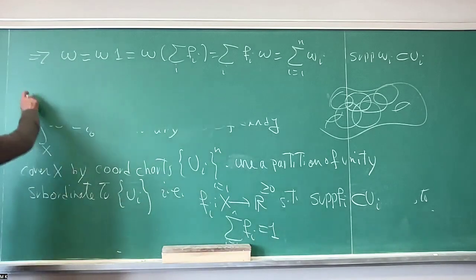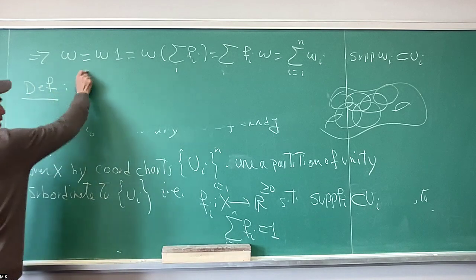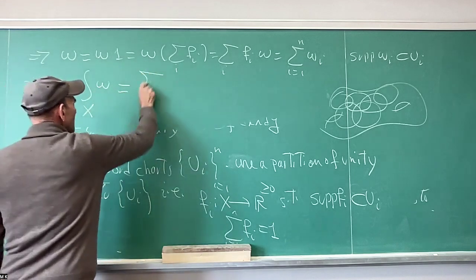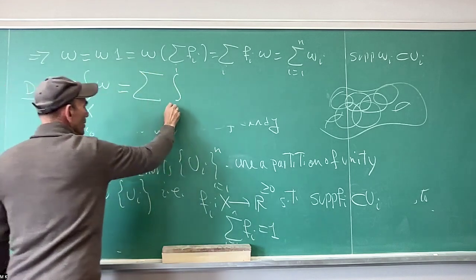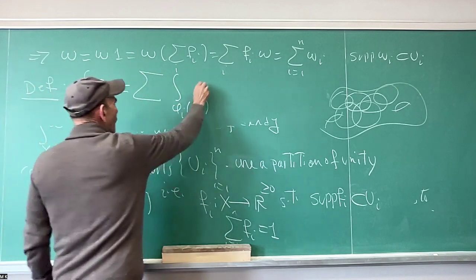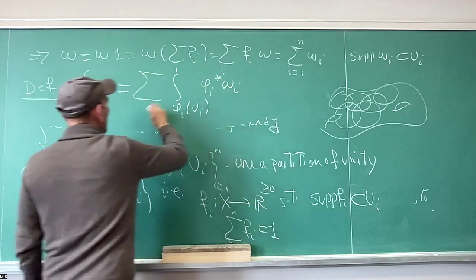So here is the definition then. We define the integral of omega over x to be equal to the sum, from i equals 1 to n, of the integral over phi i of ui of phi i star of omega i.